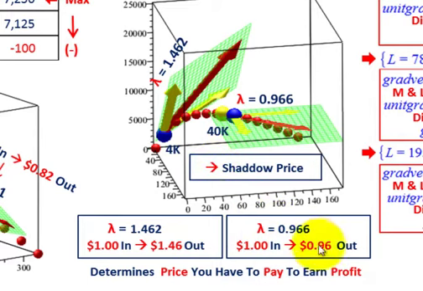In this case, if you pay any more than 96 cents, you're not going to be making as much money. You'll be making some profit, but your input is greater than your output. So really, the shadow price, you determine your price based on that Lagrangian, and you have to pay what you have to pay in order to earn a profit.